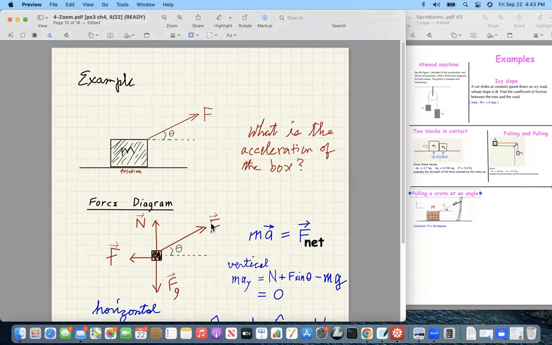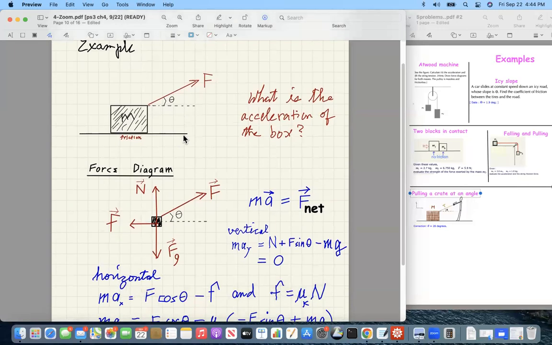I'm going to run out of time. So let me just say that here's an example. Pulling a block, say this is the tension in a rope or something, at an angle. Well, you make a force diagram for the block.